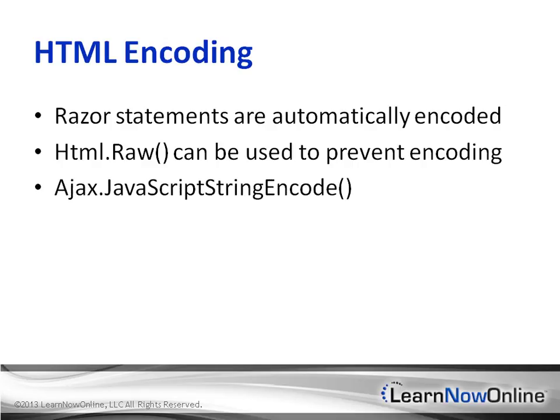You have a method to deal with this situation, Ajax.JavaScriptStringEncode. If you put this around things that you either send to AJAX or get back from AJAX that might contain harmful characters, this will make sure to encode those characters so people can't include malicious JavaScript in the AJAX and it won't run against your AJAX code and do bad things. So these are all ways that Razor gives you to make sure that characters that will mess up your view aren't getting into your HTML, or your JavaScript for that matter.